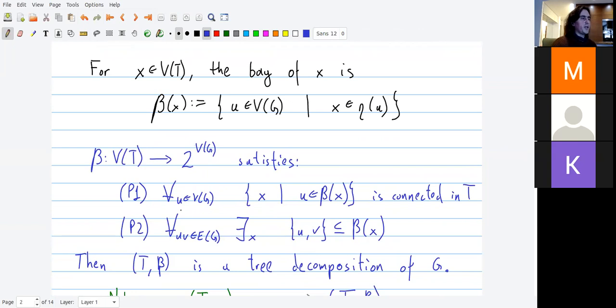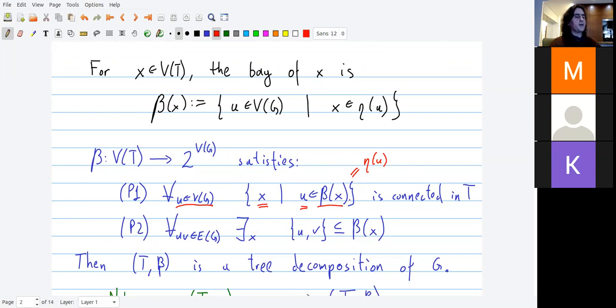First of all, if I look at any particular vertex of a graph, then the set of all the nodes that contain this vertex in their bag must be a connected subtree of T. This is the same as eta of U in our tree model setting, the subtree consisting of all those bags that contain my vertex U.